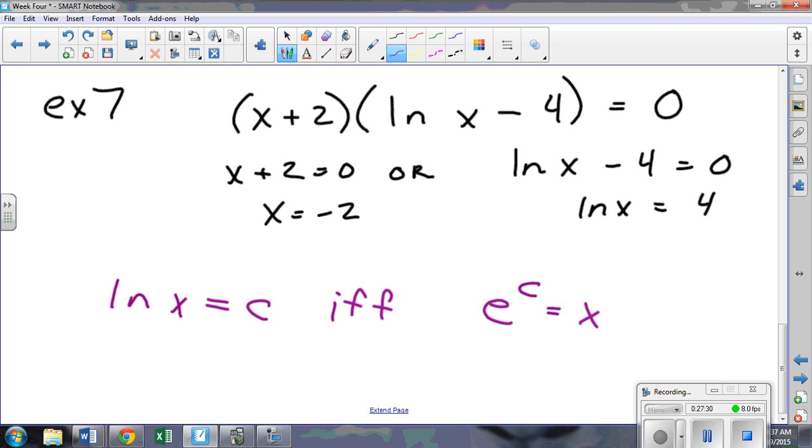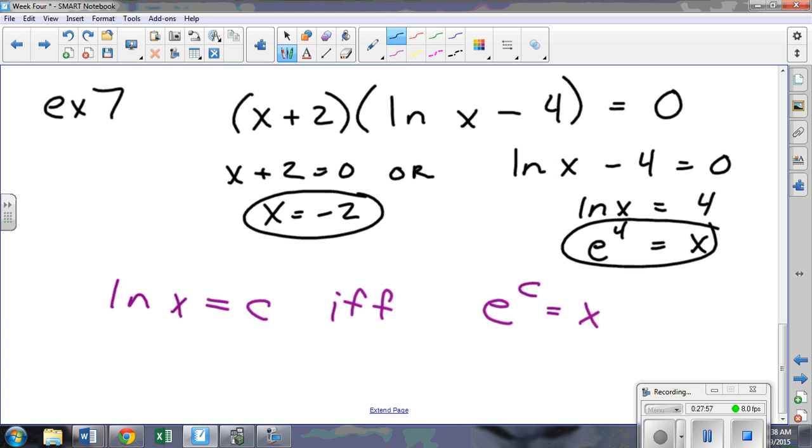So in order to solve this particular problem, what we have is natural log of x equals 4. The equivalent format for this, based on the theorem written in purple, e to the 4th is equal to x. And so we have our two solutions.